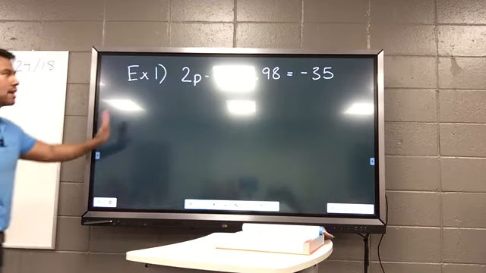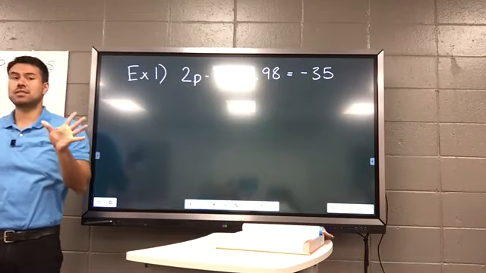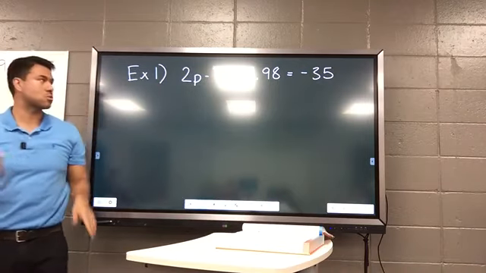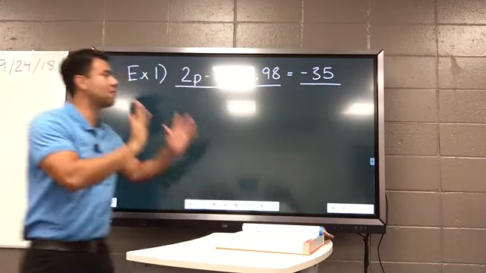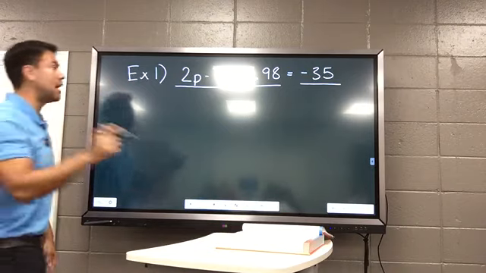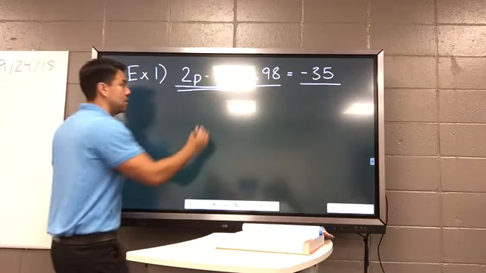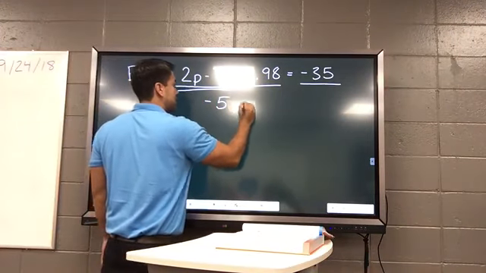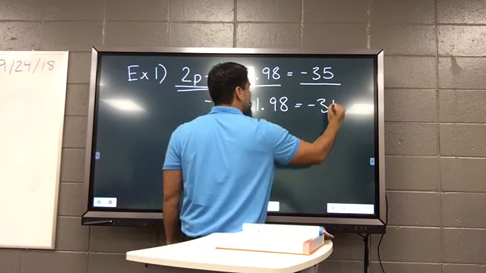So when I look at these kind of equations, my first step is to get both sides to be as simple as possible. So look at the left side and look at the right side. Can I simplify that right side anymore? No, but can I simplify the left side anymore? Okay, how? Add like terms right here. What's 2p minus 7p? Negative 5p minus 1 and 98 hundredths equals negative 35.